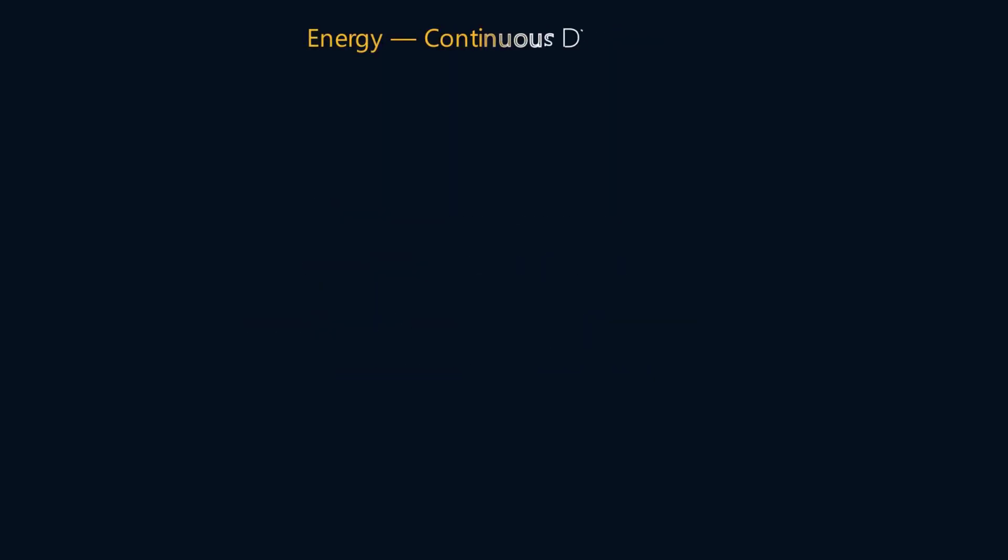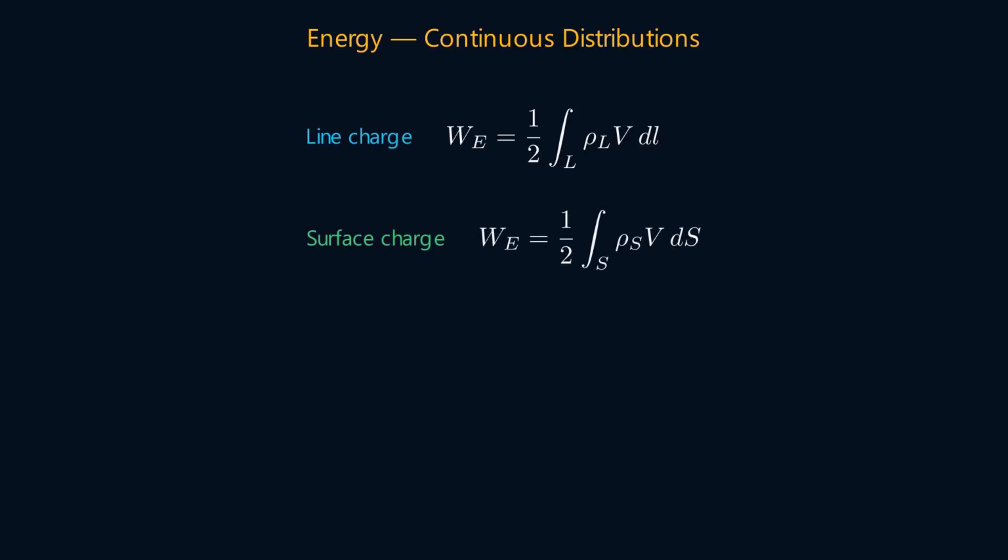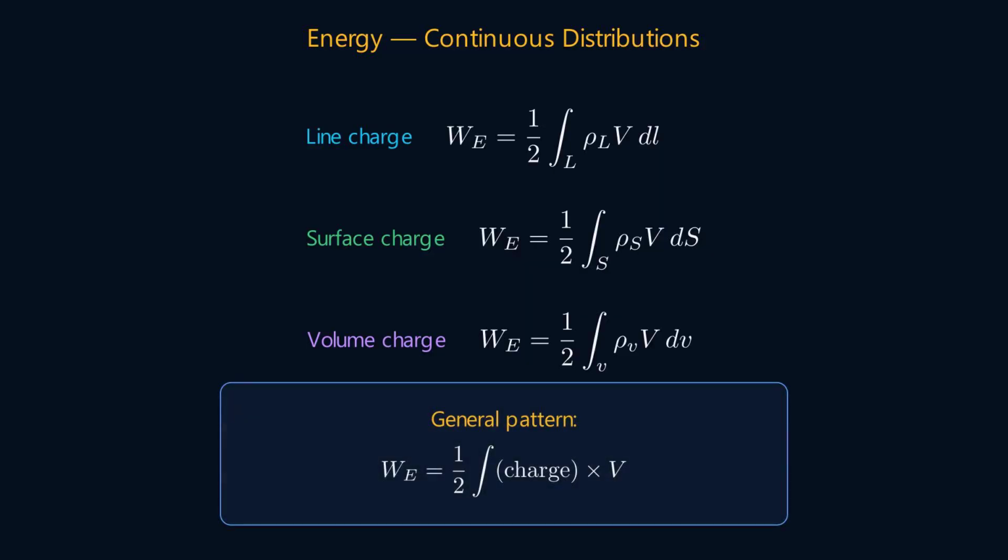For continuous charge distributions, the summation becomes an integral. W_E equals 1/2 integral of rho_v times V dv for volume charge. Similar expressions hold for line and surface charges.